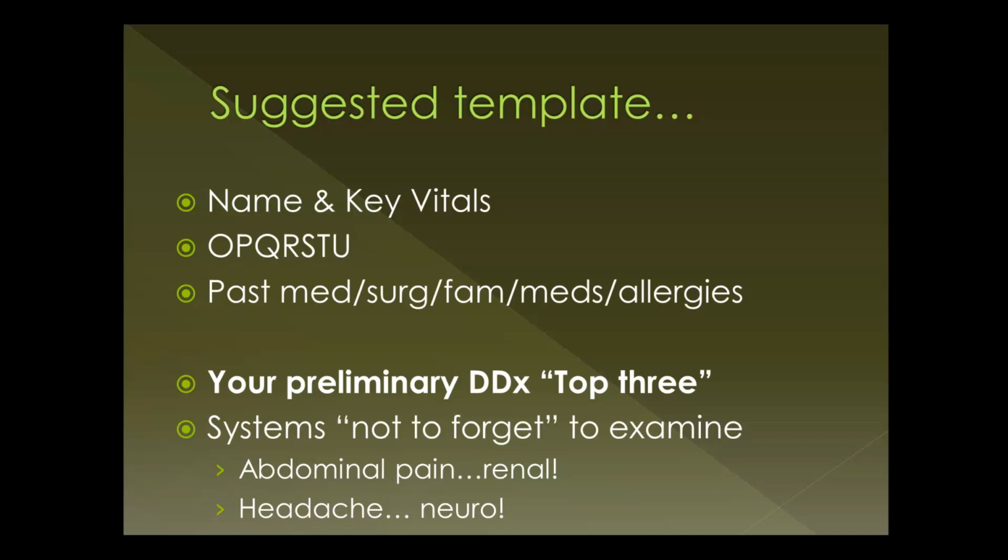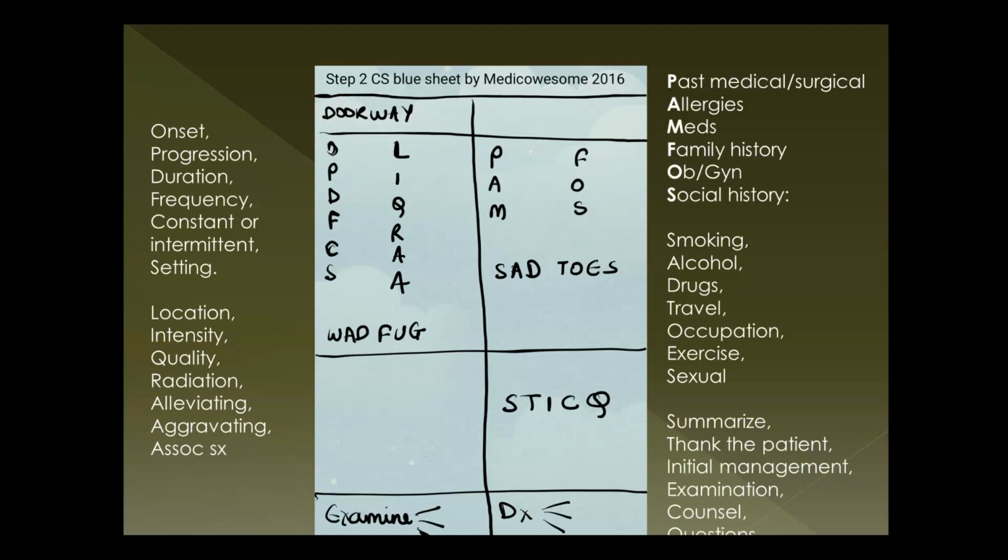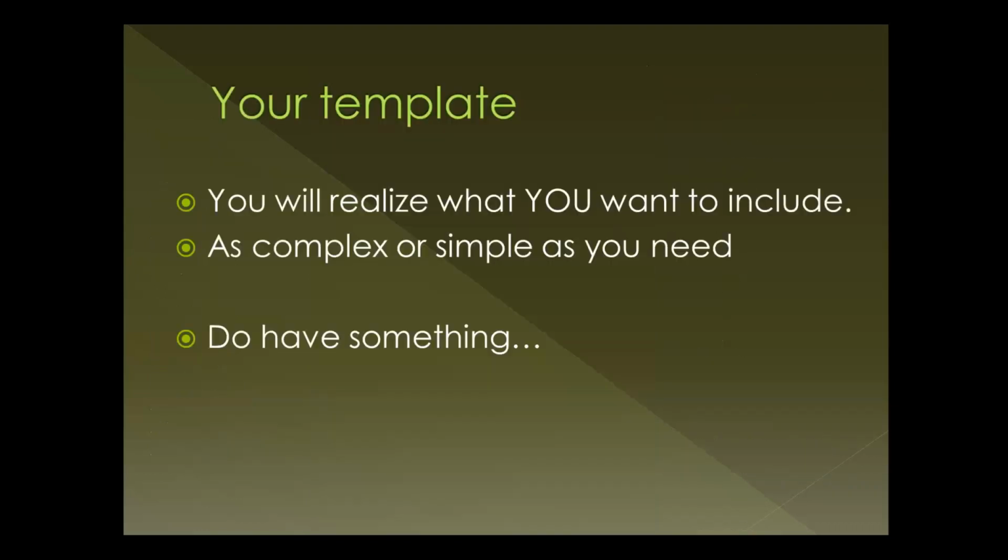And if your patient has a headache, remember to do a neurologic exam. This is one example of a very detailed algorithm before a student was to enter a room. You don't necessarily need to be this detailed, but you'll find what works for you. I do recommend that you have something that you write down on a regular basis before you enter the room.